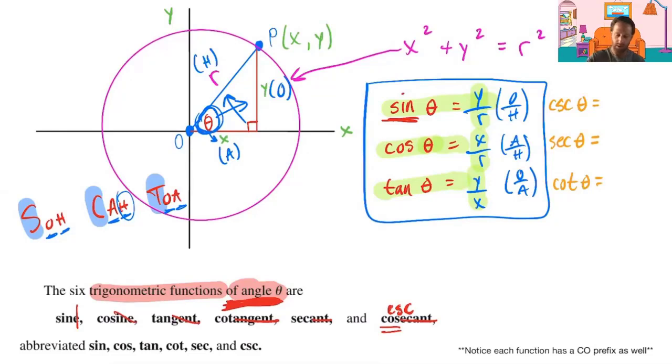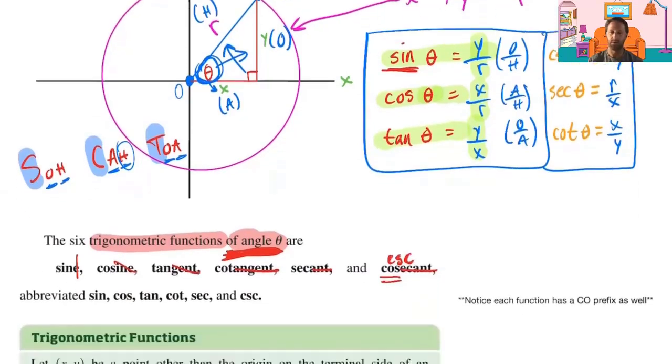Y over r, the reciprocal of that would therefore be r over y. Secant, r over x. And cotangent, x over y. So these are our 6 trig functions that we will continually use throughout this course in more detail and in more scenarios.